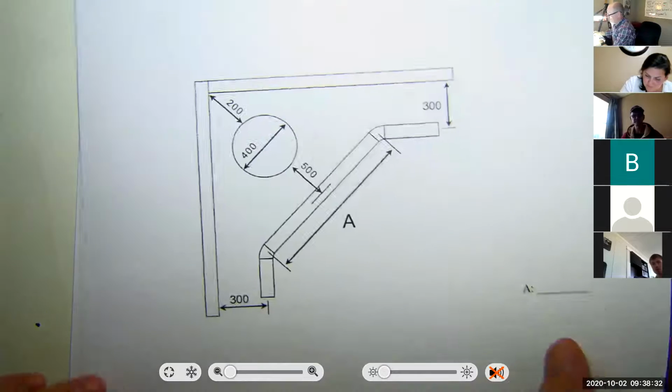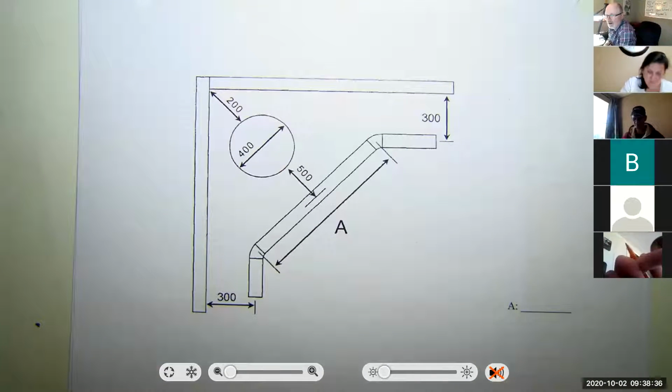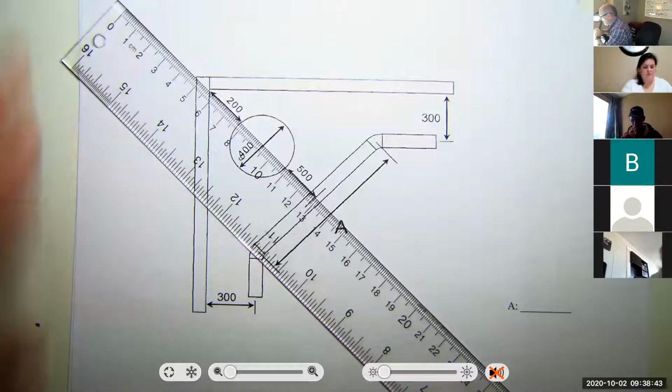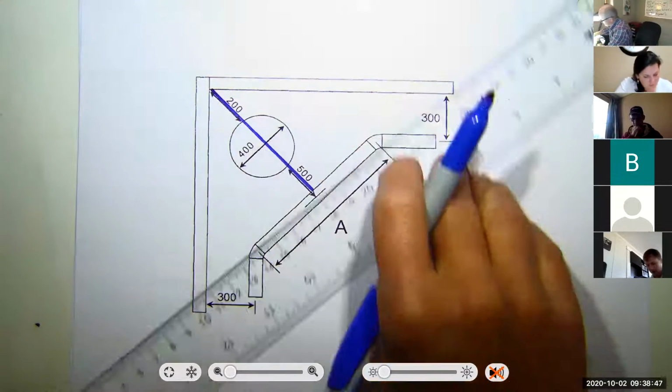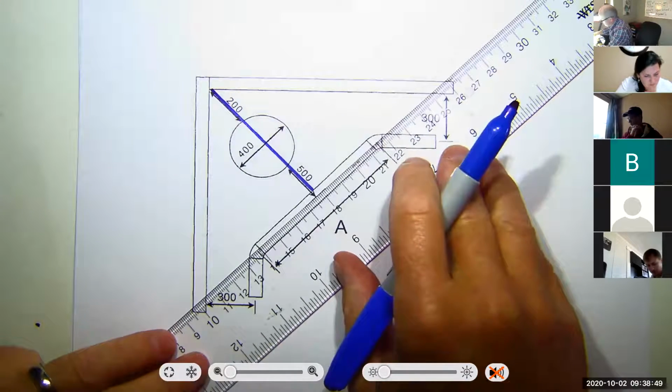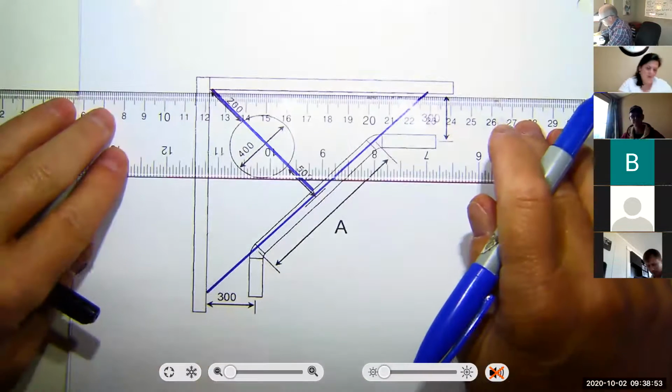Number 2. We have a measurement from the corner on this one. So again, we'll draw a big right angle triangle. Not very straight, but that's okay. And we're going to get our wall-to-wall measurement.